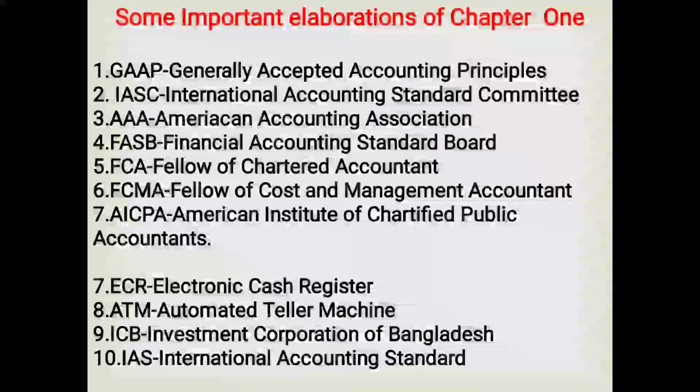The definition of accounting is what you can say at this moment. Accounting is an information system that identifies, records, classifies, summarizes, analyzes, and communicates the economic events of an organization to interested users. This is the perfect definition of accounting.